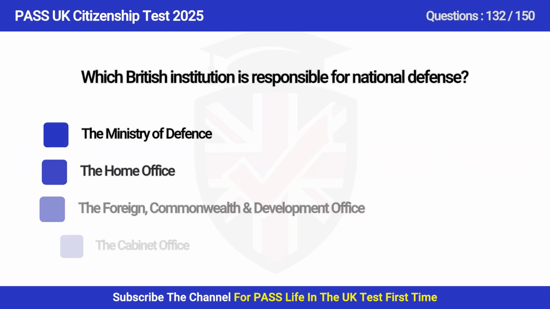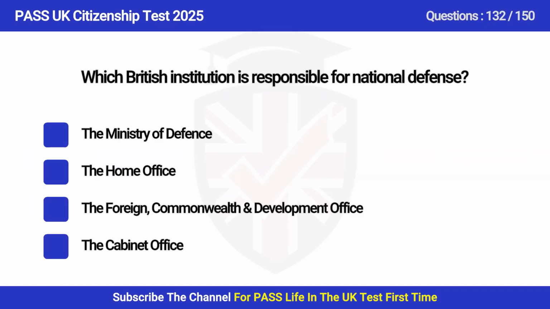Question 132. Which British institution is responsible for national defence? A. The Ministry of Defence, B. The Home Office, C. The Foreign, Commonwealth and Development Office, D. The Cabinet Office.